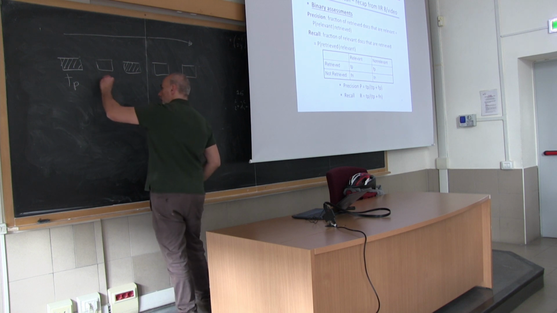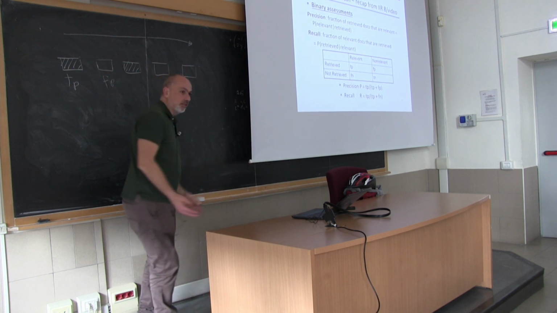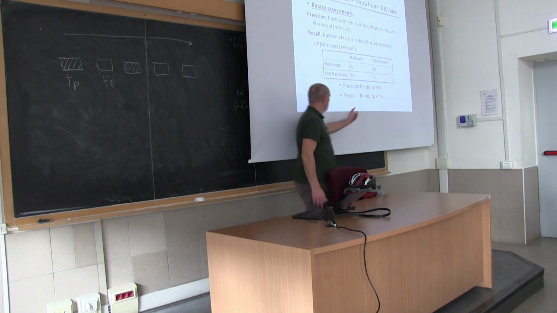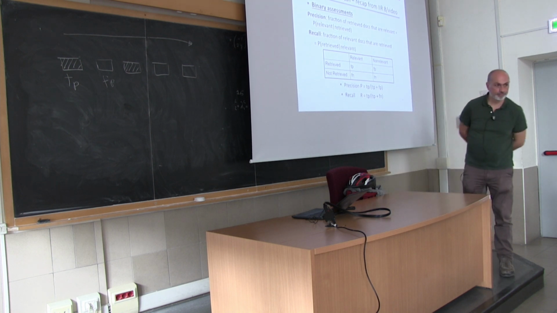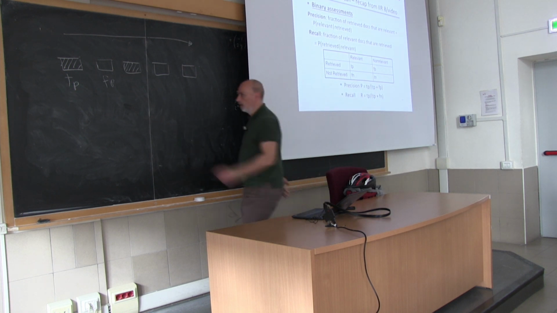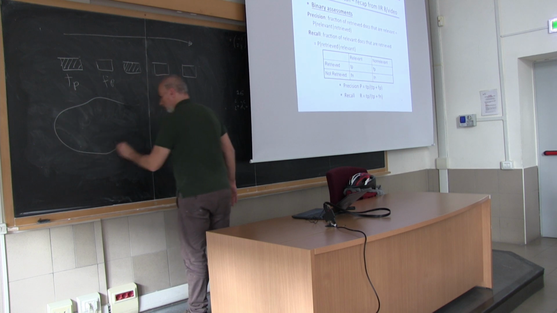So let's call them false positives. Of course, TP plus FP equals the number of documents I return. And that's precision. But there is another question I can ask. Here, these documents come out of some collection here.